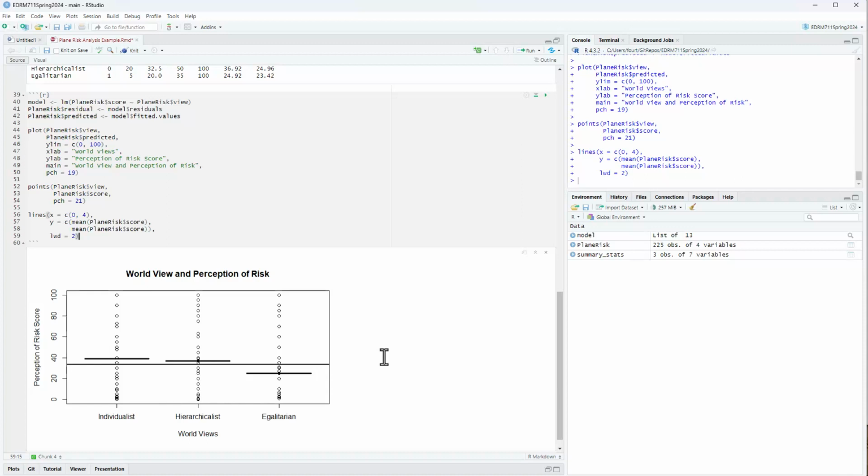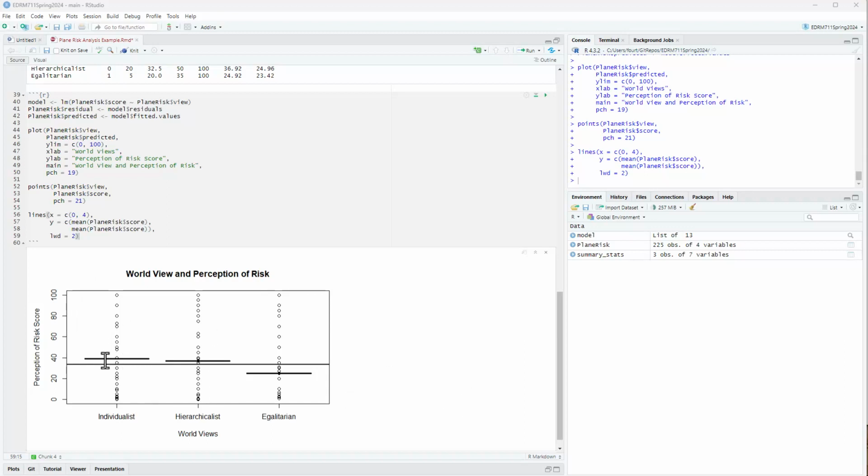Now, the difference between the grand mean that we see and the predicted value that we see is what we're explaining from group membership. If all 3 of these group lines were right on top of that main mean line, and the word that we actually use for the main mean is grand mean, so this line that goes all the way across is the grand mean, that is the mean of all the points put together.